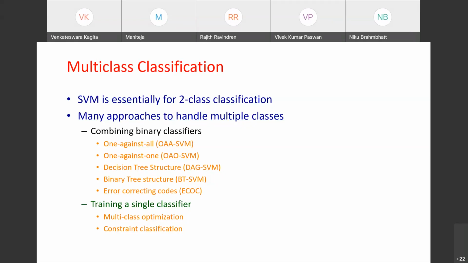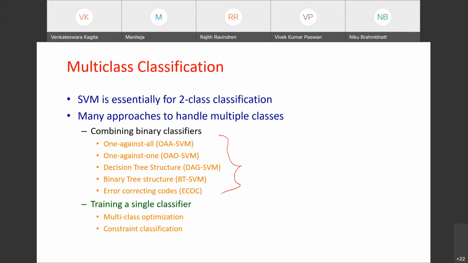Another is training a single classifier by using a multi-class optimization objective for the constraint classification. We're going to discuss more details of this in this session.